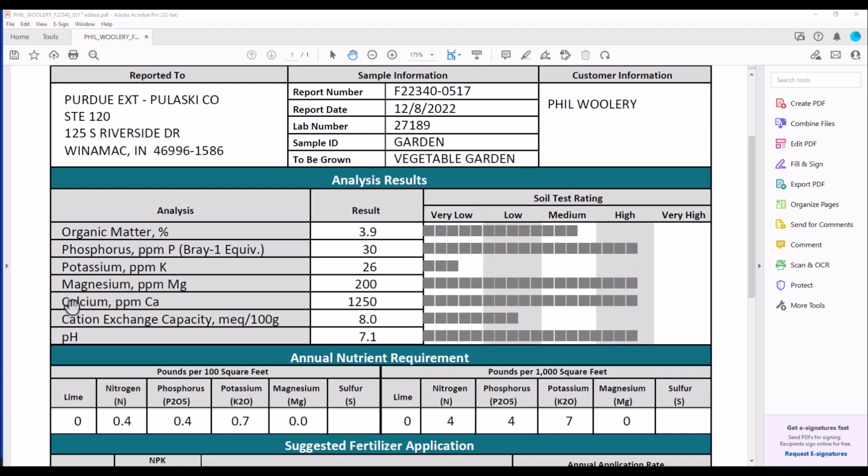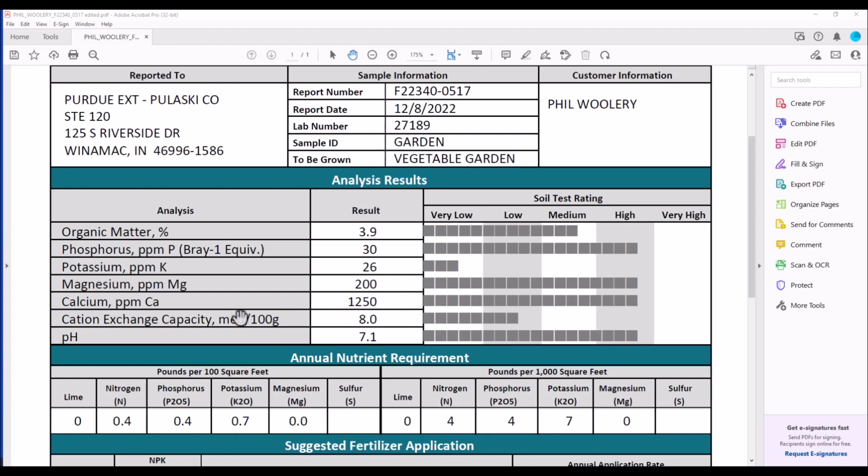The next nutrient is calcium, measured in parts per million again, and we have it at 1250. This nutrient is important in strengthening cell walls. Blossom end rot, which is common in tomatoes and peppers, can be caused by a calcium deficiency in plants. Calcium is also important in soil pH, and we're going to talk about that in a little bit too.